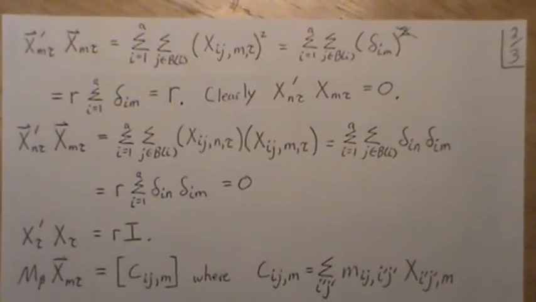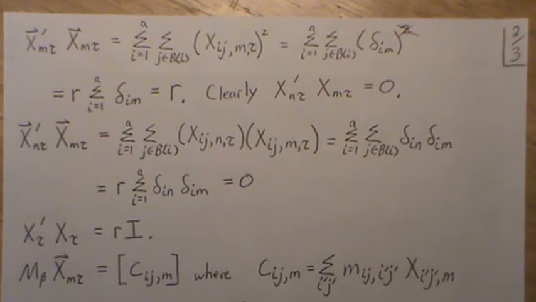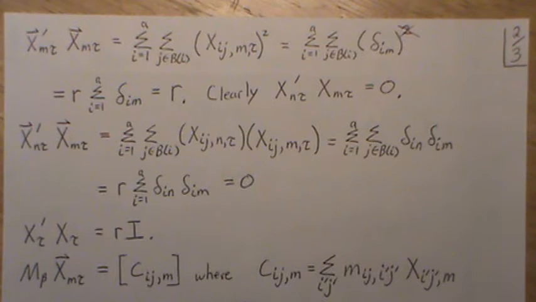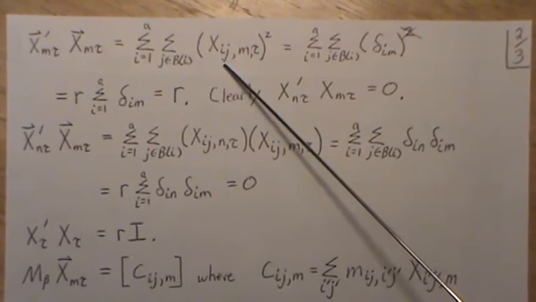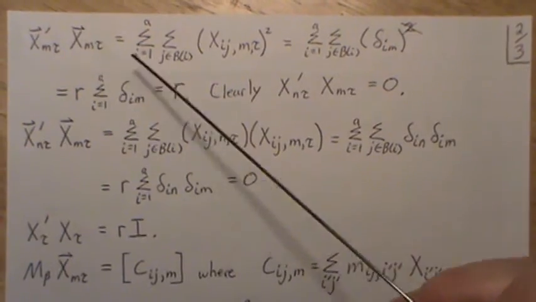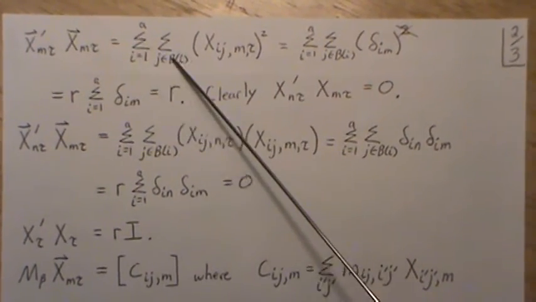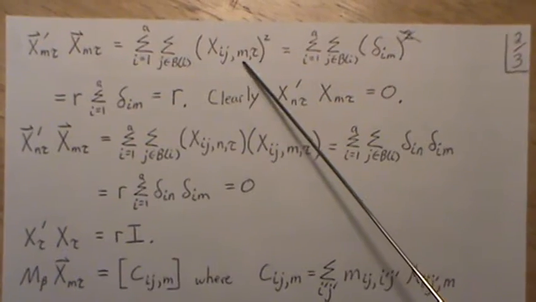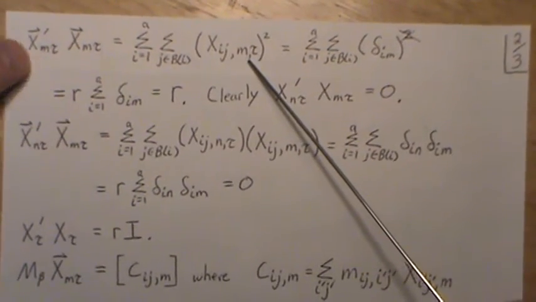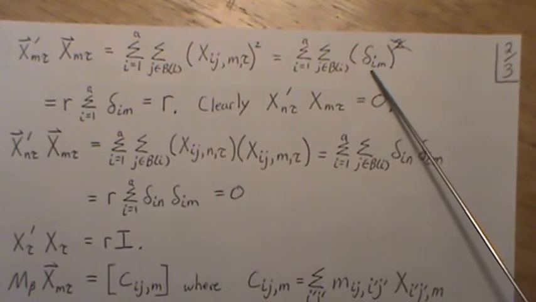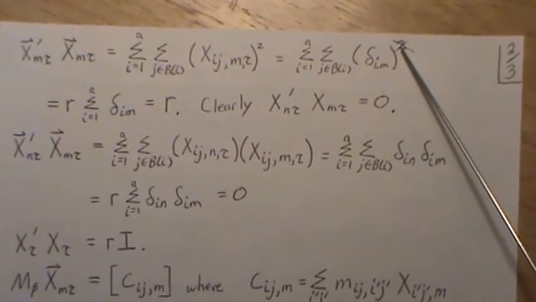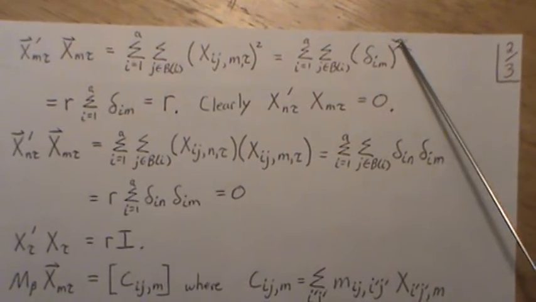Now here, if we look at the cross product of X m tau times X m tau, since it's the same vector, we're going to get squared things. And we're going to sum over the ij index, because that's how many rows there are, and so this xij is what we're summing over. And then of course m and tau is the same because it's the same vector and it's squared. But this can be written in delta form, delta im squared. But delta is either 0 or 1, so squaring it doesn't change it.